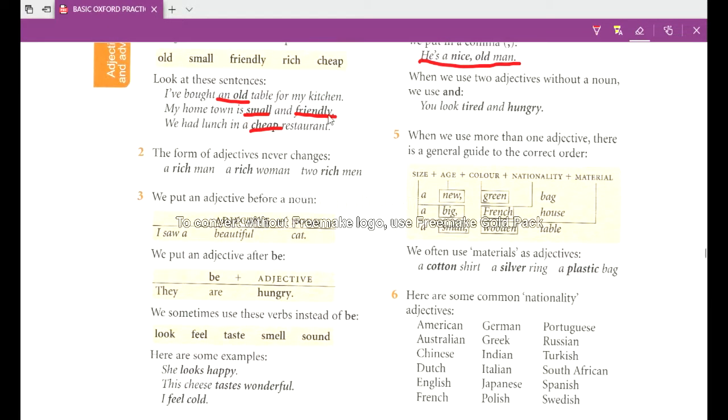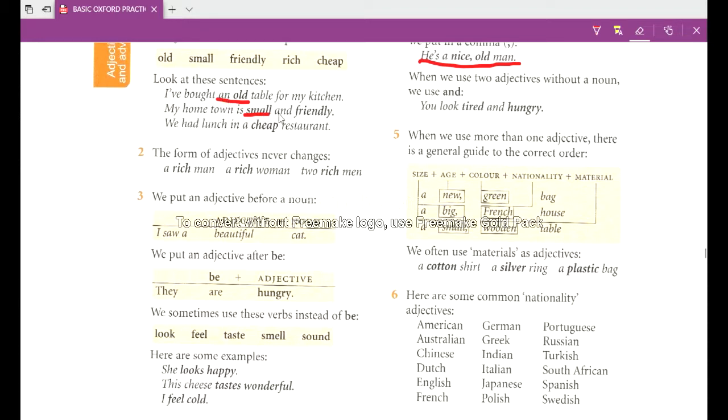Sometimes the position of adjectives is really different in English. So when you think to write a word or a sentence in English where we have a noun and also an adjective, remember that the adjective has its own position.